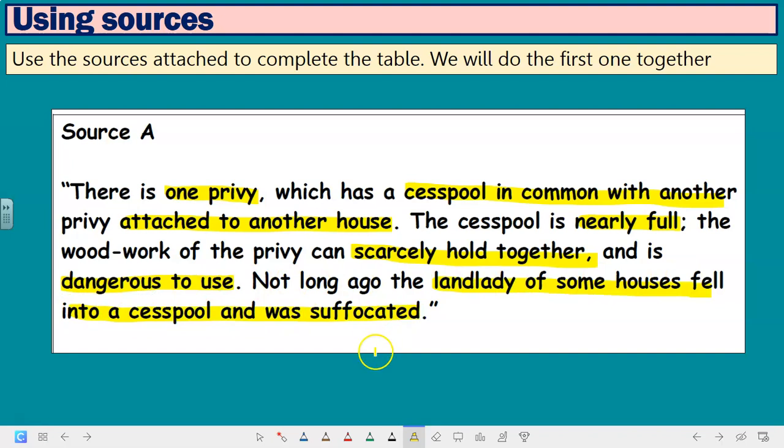So there's some quite unusual words in there, so we're going to unpack this a bit. So a privy is a toilet, and a cesspool is basically a big pool of excrement below it. So a big pool of poo and wee, which would sit beneath the privy. So there's no sewage here, basically.